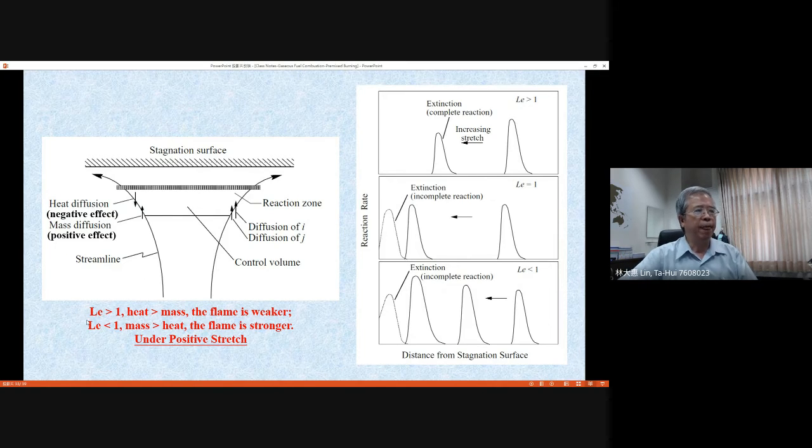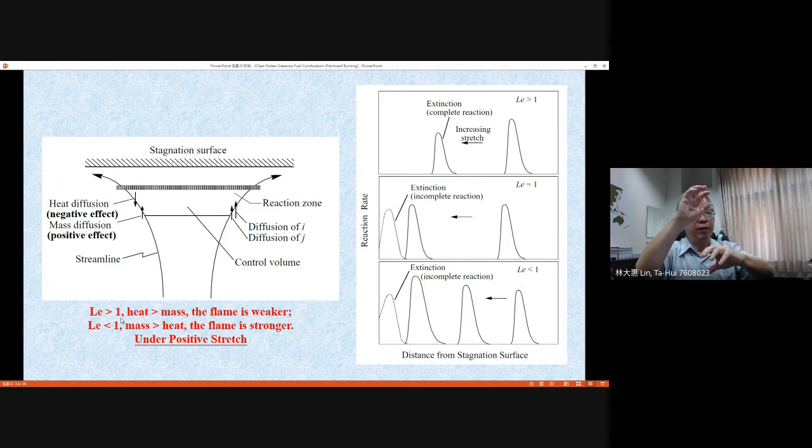For example, if you look at Lewis number bigger than 1, remember Lewis number is equal to heat diffusion divided by the mass diffusion. In this case, Lewis number bigger than 1 means the influence coming from the heat is stronger than from the mass, right? Here the heat diffusion is a negative effect and the mass diffusion is a positive effect.